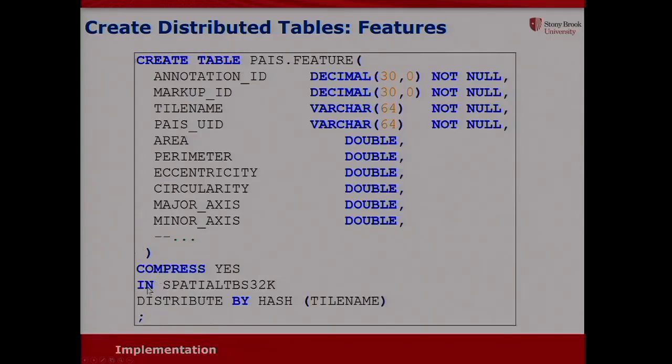So once we choose this table space, this table will span all the partitions. Then we also need to specify how we should distribute the records. We specify that all the records will be distributed based on a hash function on a column called tile name. So this is basically for creating distributed tables.